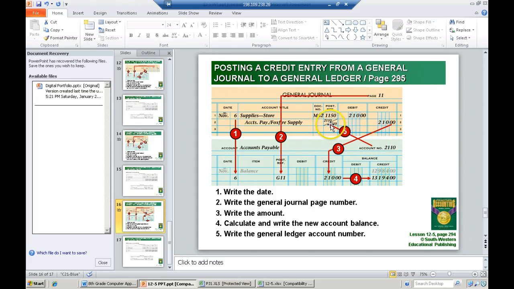So we're going to go back to the journal as our last step, and the general ledger number for our accounts payable is 2110. The account for our vendor number for Foxfire, which is our subsidiary account of our accounts payable, we might have 10 of these under accounts payable.